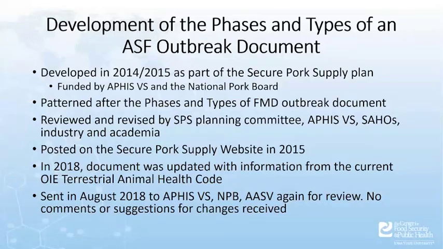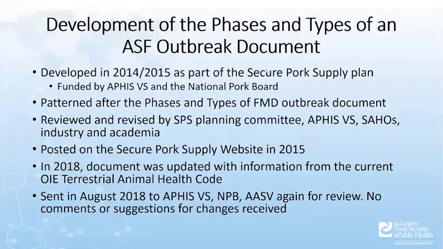It was posted on the Secure Pork Supply website in 2015, and then this past August, I updated it with information from the current OIE Terrestrial Animal Health Code. That code is updated every year. That was the only change I made, was to incorporate the new information from the most recent OIE Terrestrial Animal Health Code.